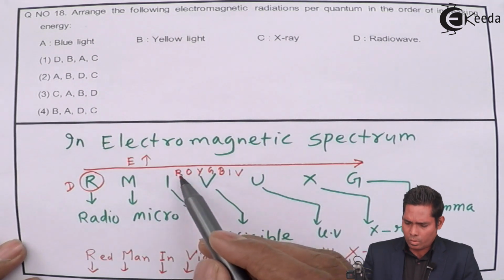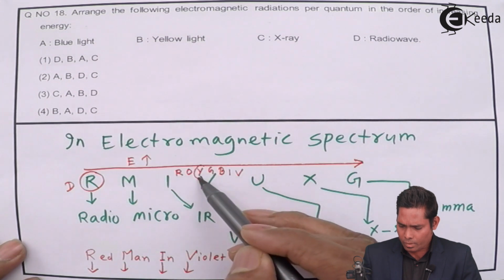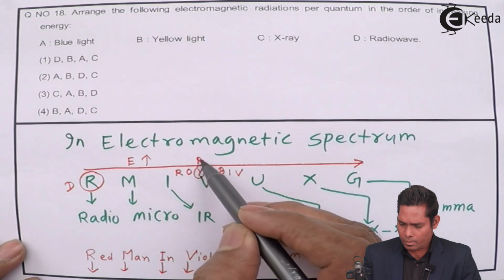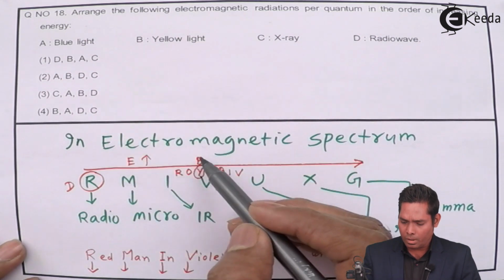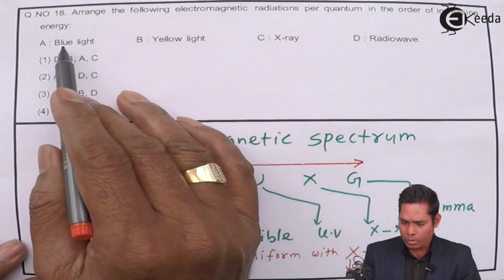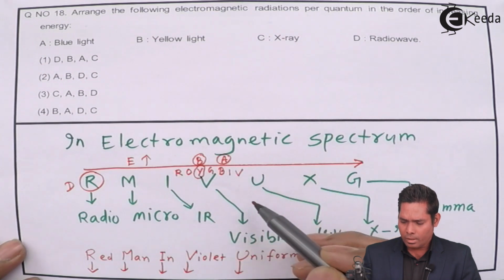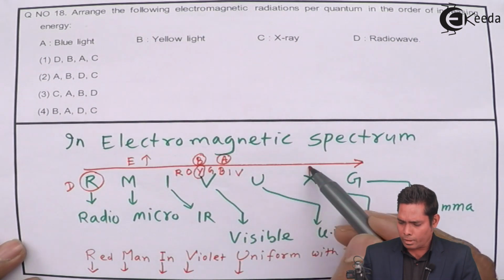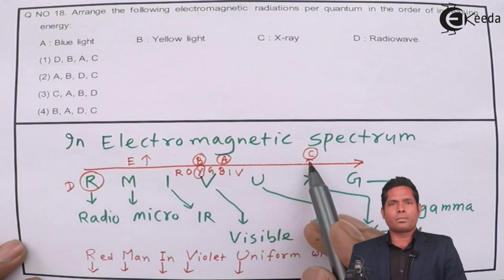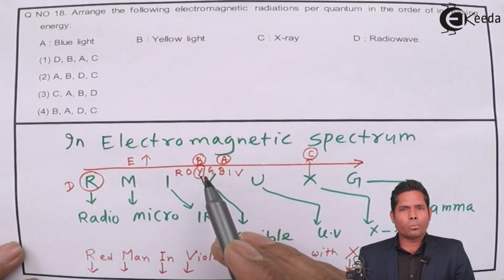So yellow will come first, and this is B, the yellow is B. Blue is here and blue is A, so then comes A, that is blue light, and X-ray will be here, that is C.